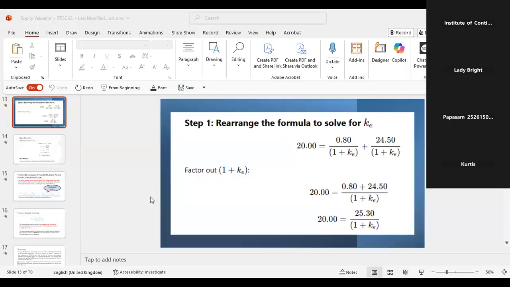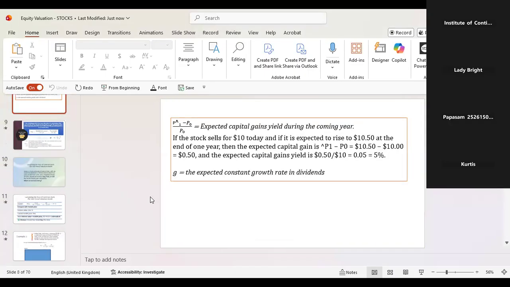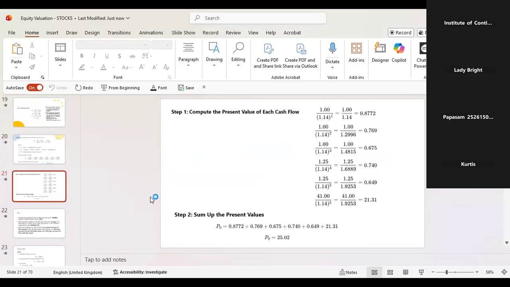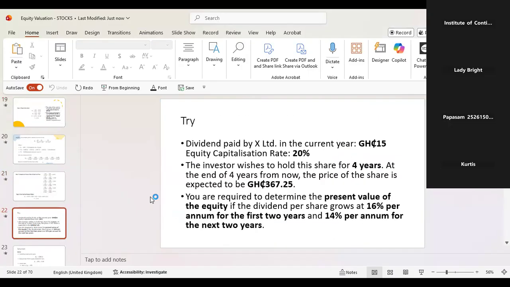Okay, beautiful. All right, let's go. Share evaluation. Yes, this one. Where were we? We were here. Okay, this is where we were.